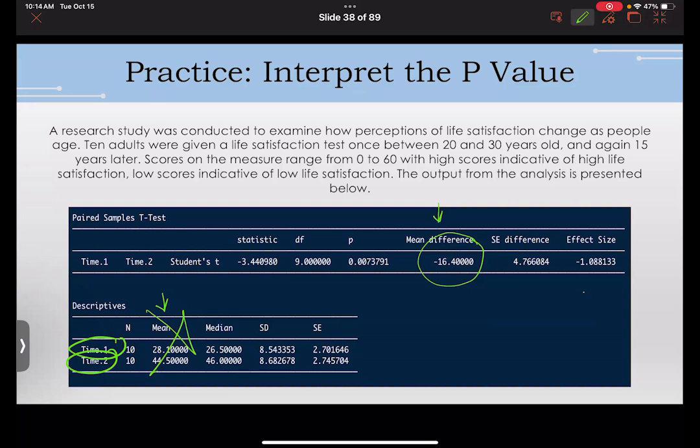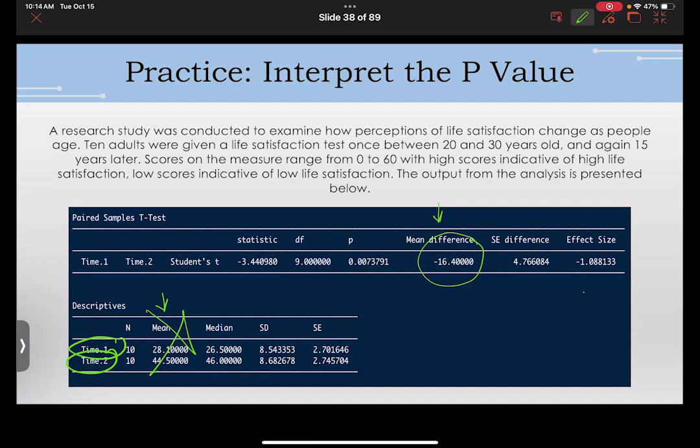The story is that as adults get older, right? That's the story. So when we're talking about a dependent t-test, we care about change, or growth. Whereas with an independent test, we really do care about the difference between the 2 different groups. Here, what we're really talking about is the process of change.